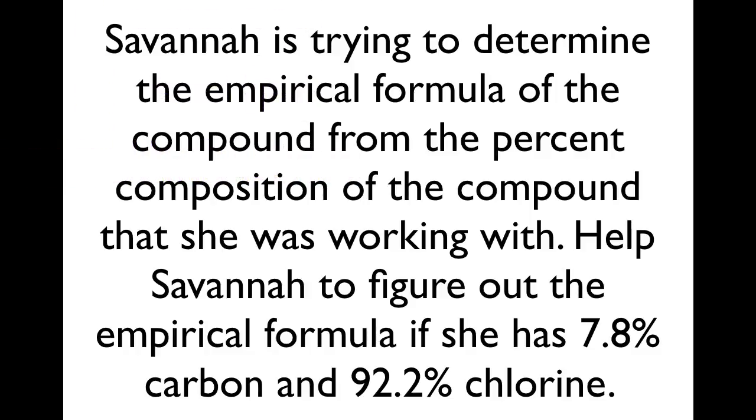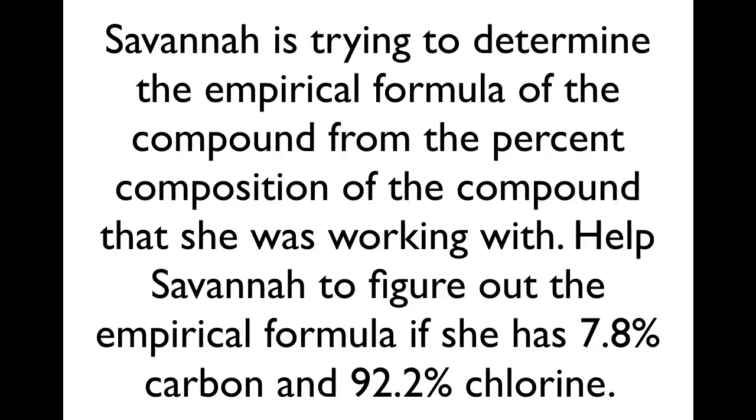Good? So again, I'm just going to go through the steps without writing it down. I know that you only have two components to this compound, which is carbon and chlorine. So I'm going to turn that 7.8% carbon into 7.8 grams of carbon, and that 92.2% chlorine into 92.2 grams of chlorine. I need to turn that grams into moles, so I need to look for the mass of carbon, which is 12.0.